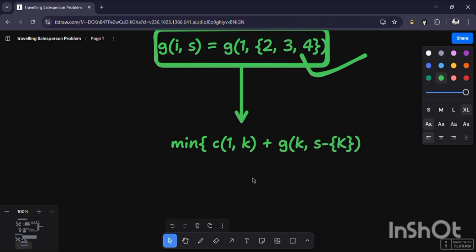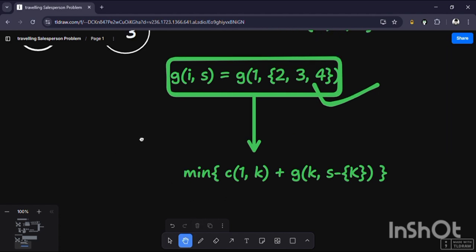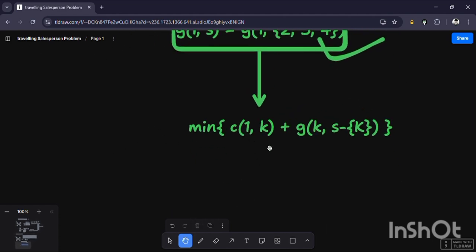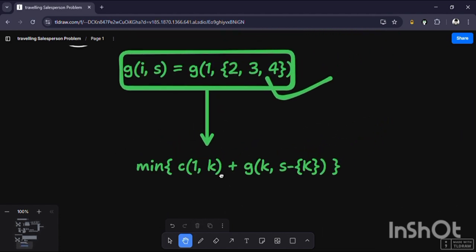So let me explain this, how I wrote this. So what is k here? K is the vertex from this 2 3 4, right? So c represents the cost to reach k from 1, right?